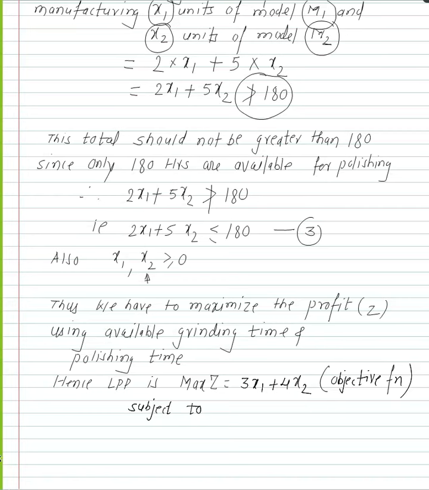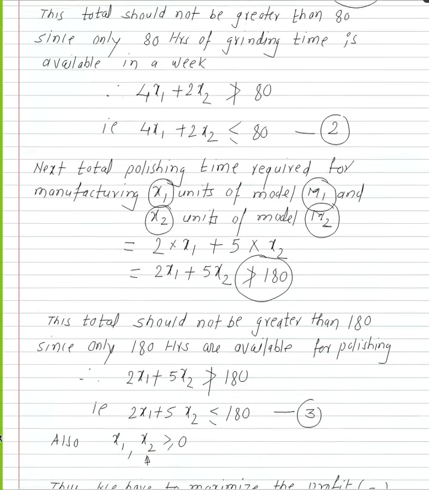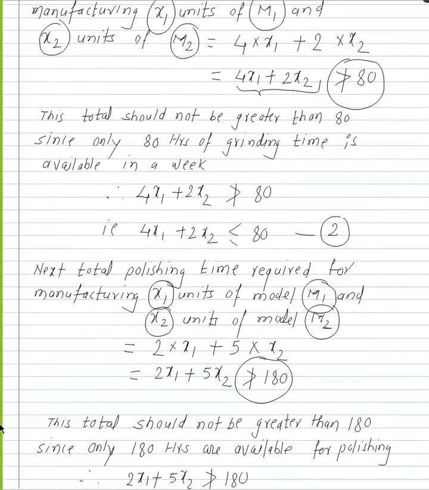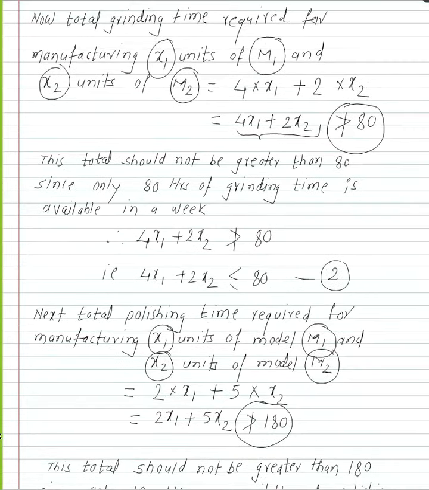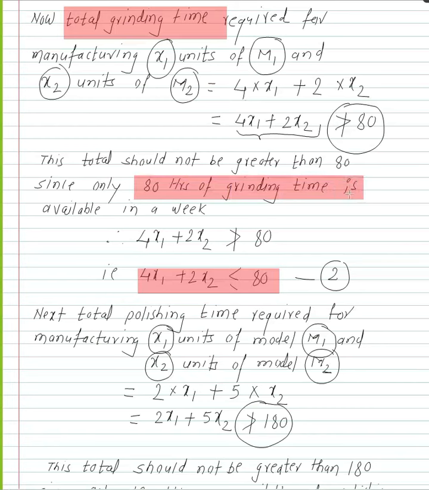First constraint is on grinding time. Total grinding time should not be greater than 80 hours because only 80 hours of grinding time is available. 4x1 plus 2x2 less than or equal to 80.